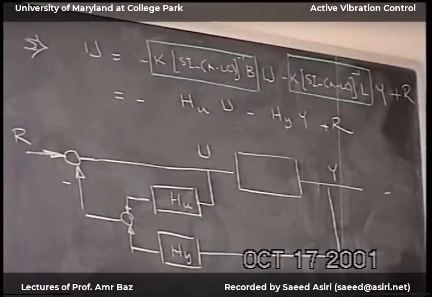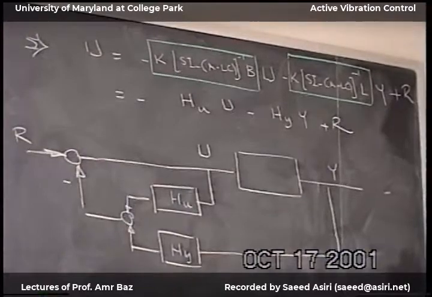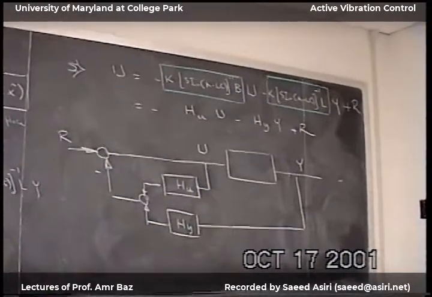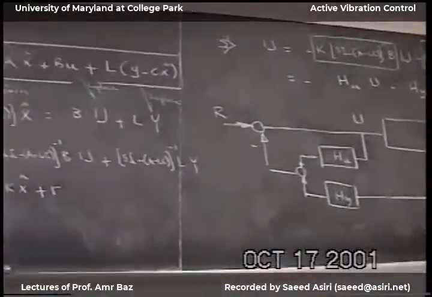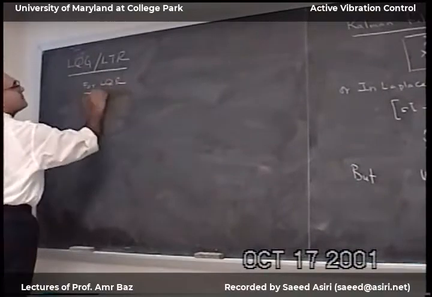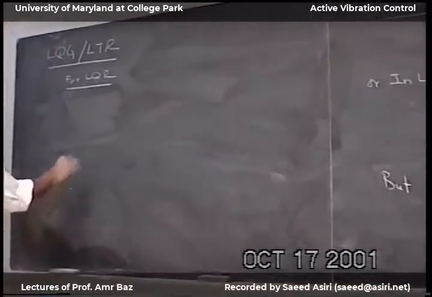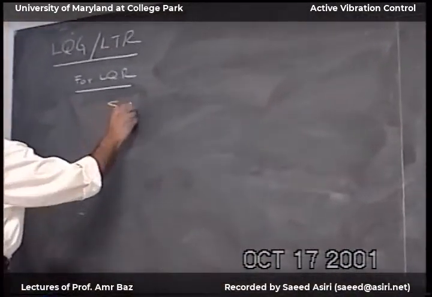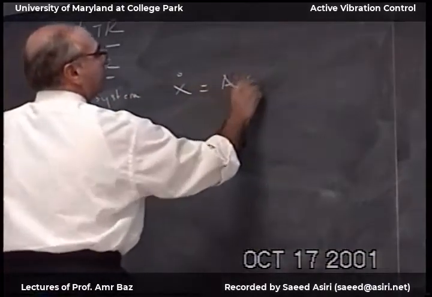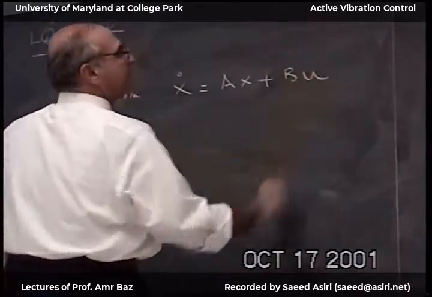And for LQR, we have the system equation X dot is equal to AX plus BU.